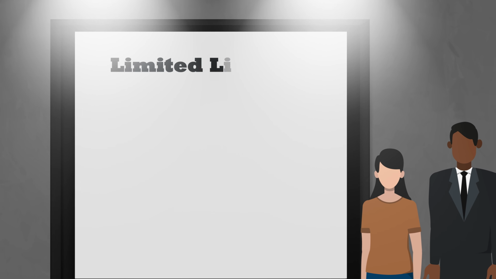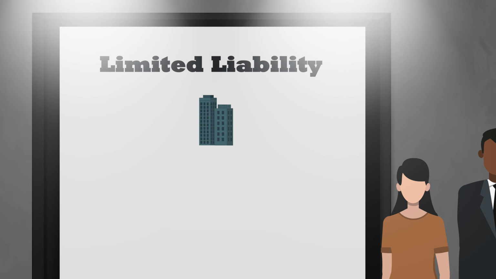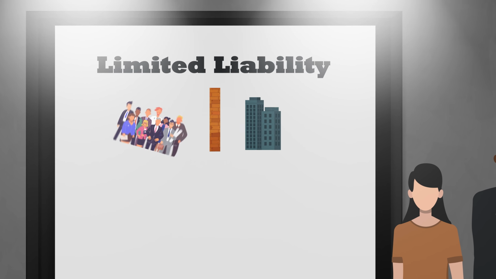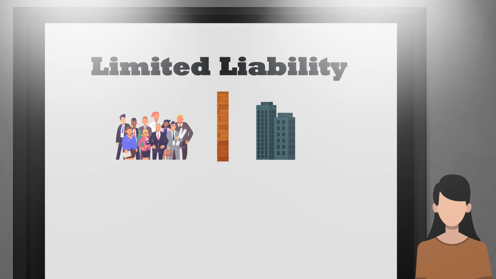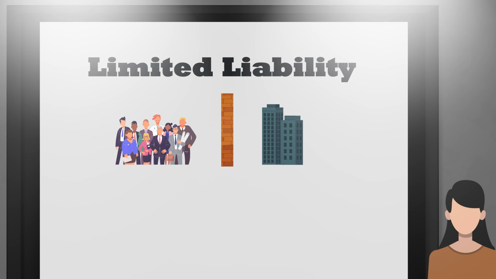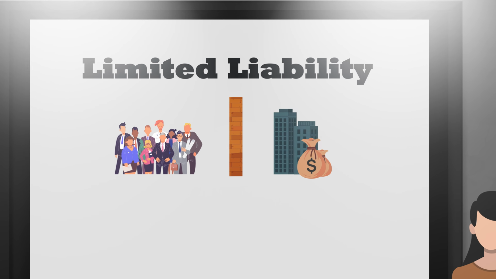A third key characteristic of corporations is limited liability. The liabilities of the corporation are the responsibility of the corporation as a separate entity. In general, subject to some exceptions, the debts of the corporation are the corporation's debts.